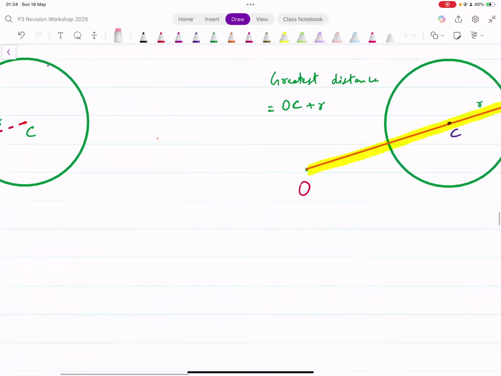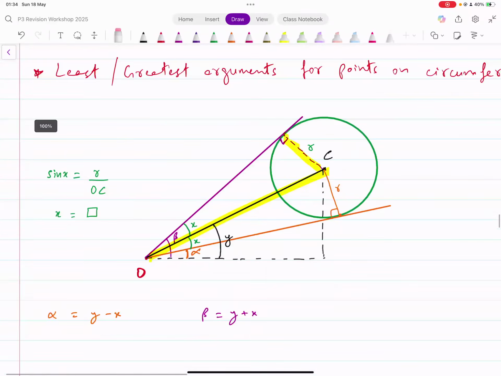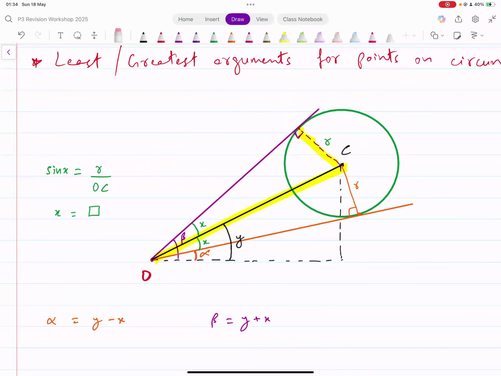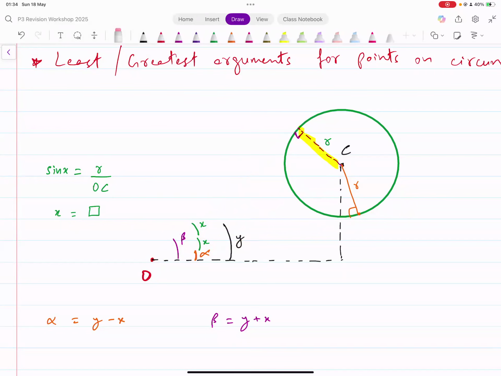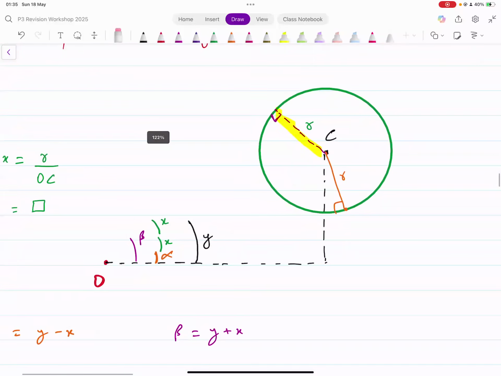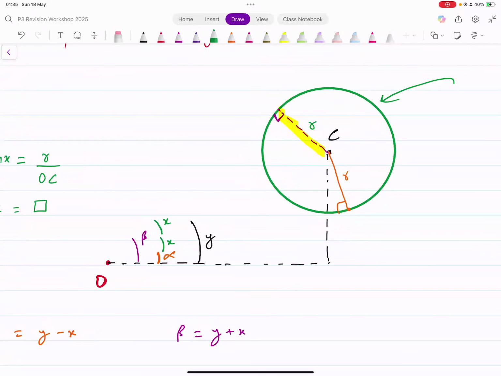And then what about arguments? For example, let's say you have a point O here, and you want to find the locus is a circle like this. You want to find the least argument for points on this circumference.